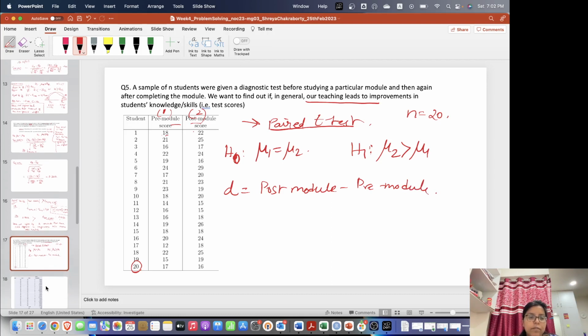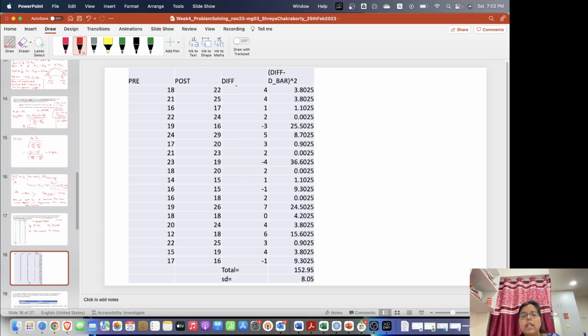Here I have already kept it calculated. This difference is nothing but D. So D is post minus pre. If we take this one for example, this is 29 minus 24, so we get a value of D. Then we have to find D bar, which is summation di by n.